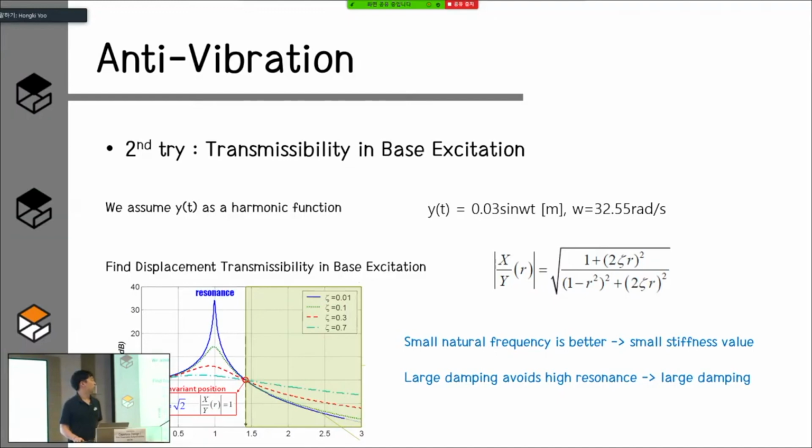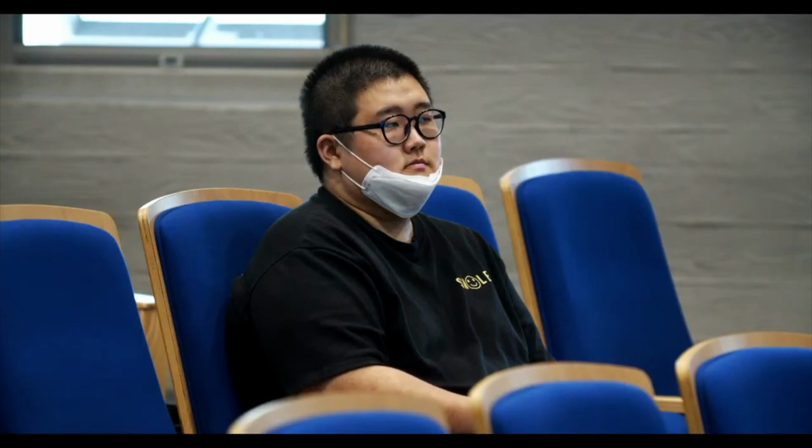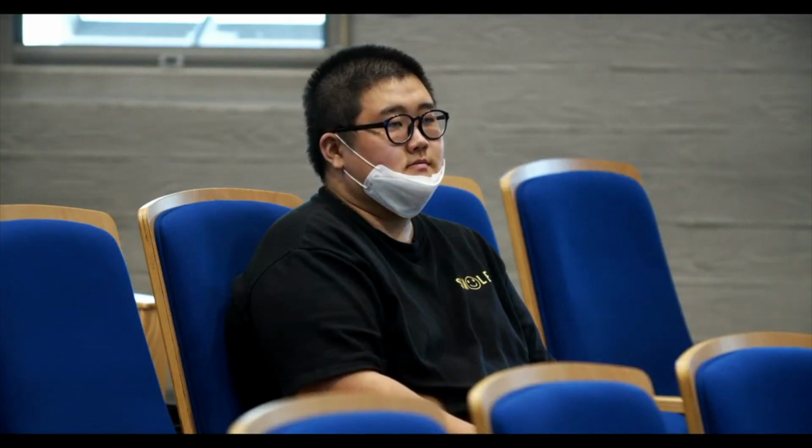We assume that the ground is like a harmonic function, and we made the equation like this. As you can see in the equation, to reduce the resonance, we need to increase the value of R. So we concluded that we need to make the stiffness value small, and increasing the damping value will give the best results.